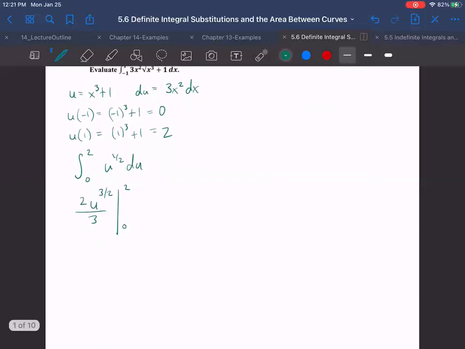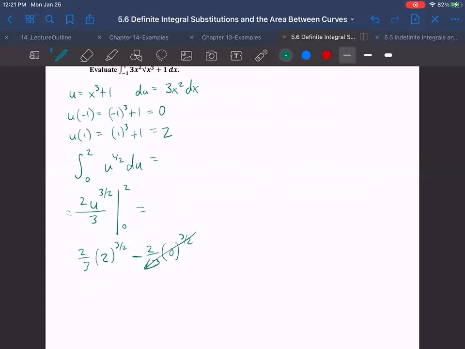And so this will become 2/3 times 2 to the 3/2 minus 2/3 times 0 to the 3/2. This is obviously just 0, and 2 to the 3/2 is 2 cubed, which is what? 8, and then square rooted.